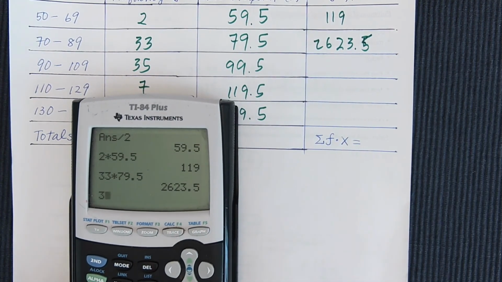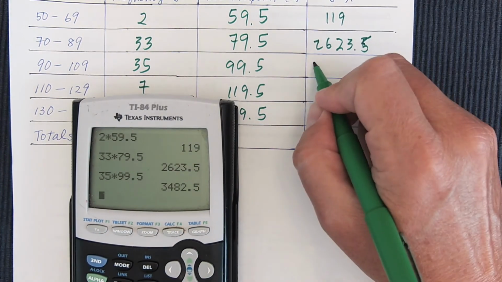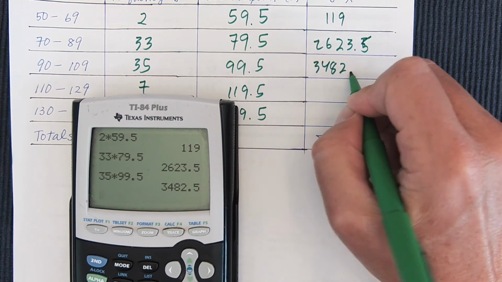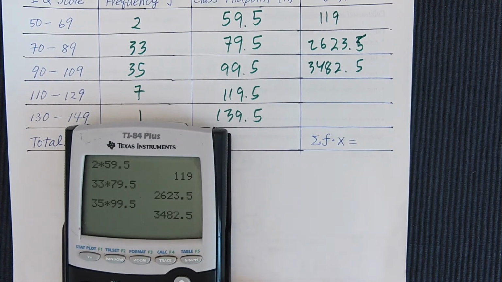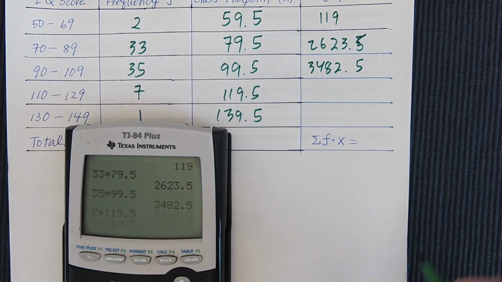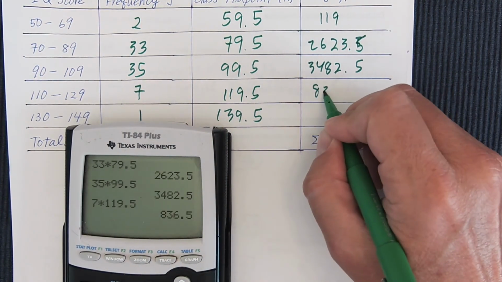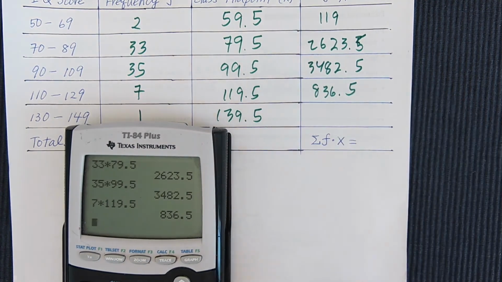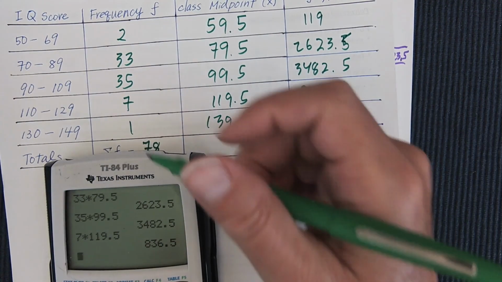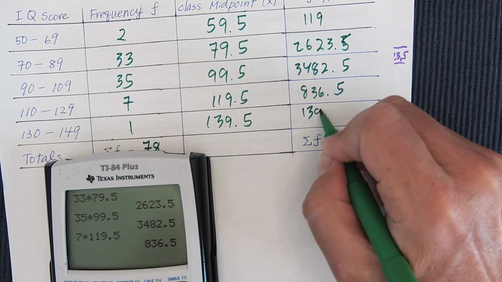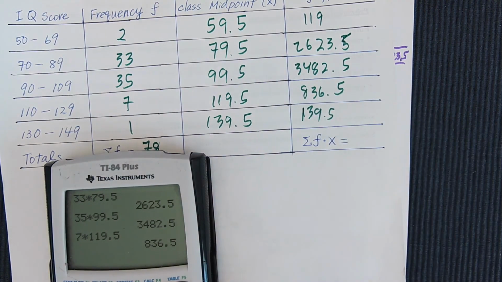We have 35 times 99.5, 7 times 119.5, and lastly, 1 times 139.5. I know 1 times anything is itself.